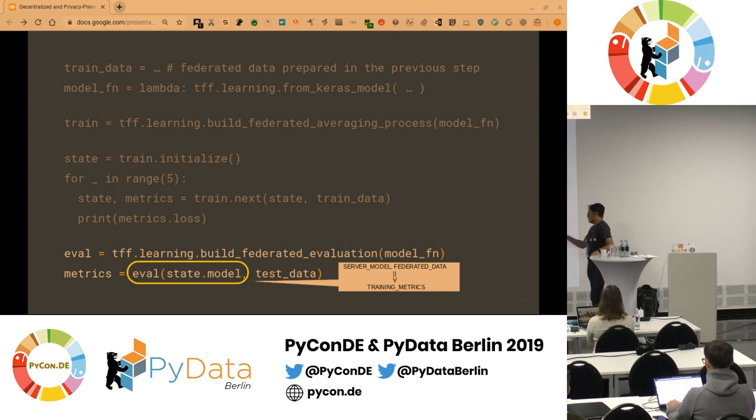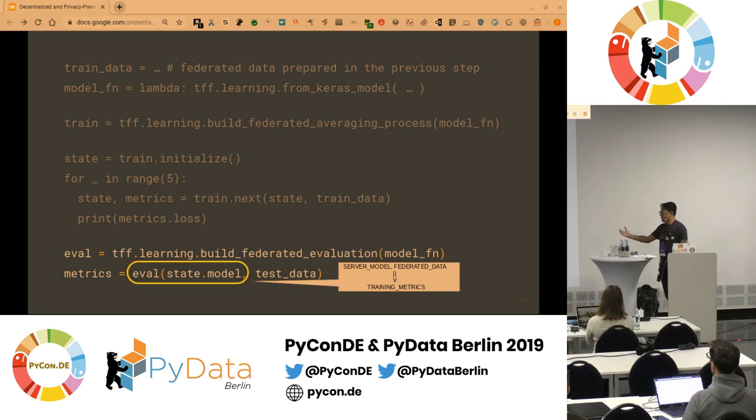So evaluation functions, this helper function build federated evaluation, returns a simpler model that you can use for evaluations, that you run on test data, get the metrics, and that process goes on. And essentially at some point those metrics will determine what you want to do next. Does that make sense so far?